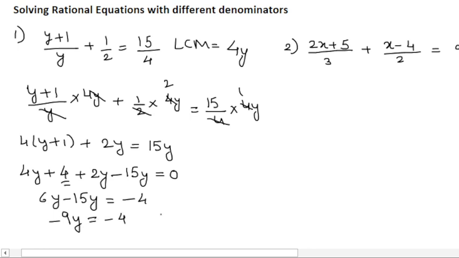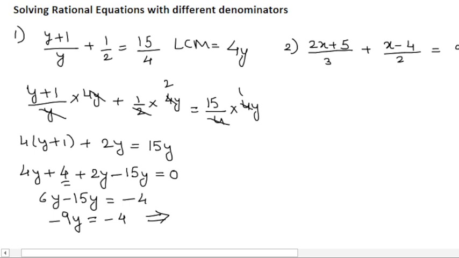In order for us to find the value of y, I need to transpose negative 9 to that side. Okay, now this is important. We need to check what operation is happening between negative 9 and y. Here there is no sign, which means they are getting multiplied.